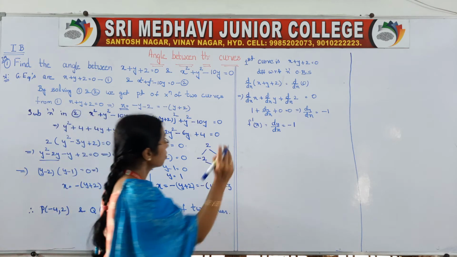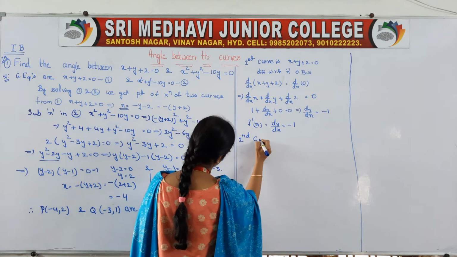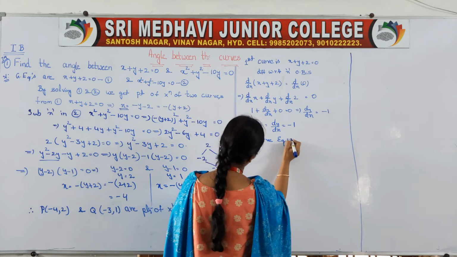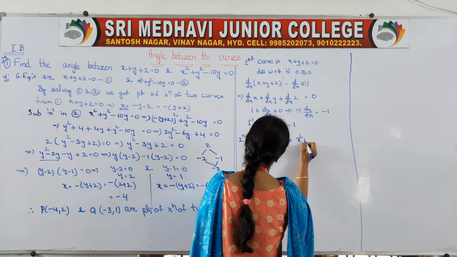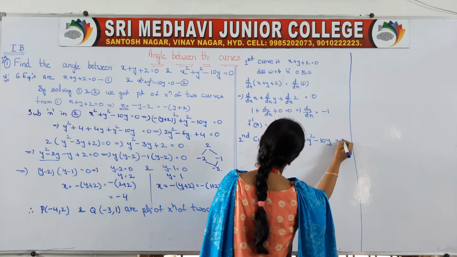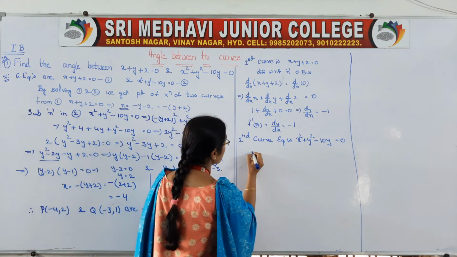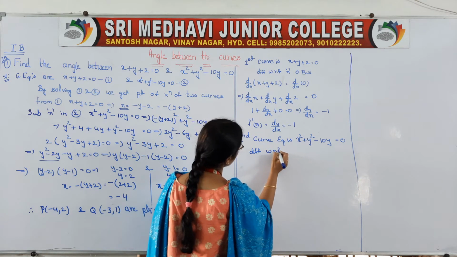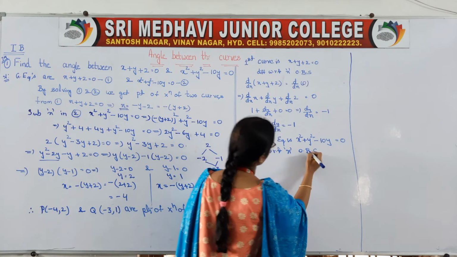Okay, so now you take your second curve equation. What is your second curve equation? It is x square plus y square minus 10y is equal to 0. So you can take differentiating with respect to x on both sides. Why do we have to do this?